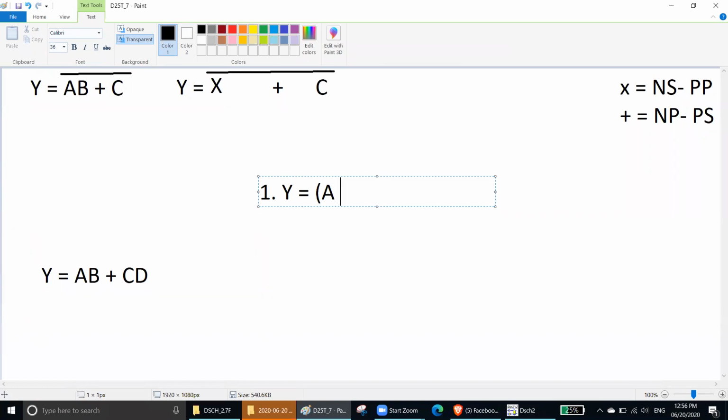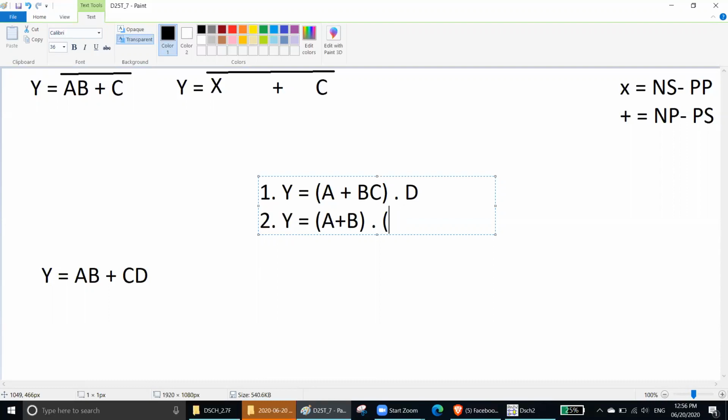Y equals A plus BC, okay, there will be a bar. 2 is Y equal to bracket A plus B bracket.